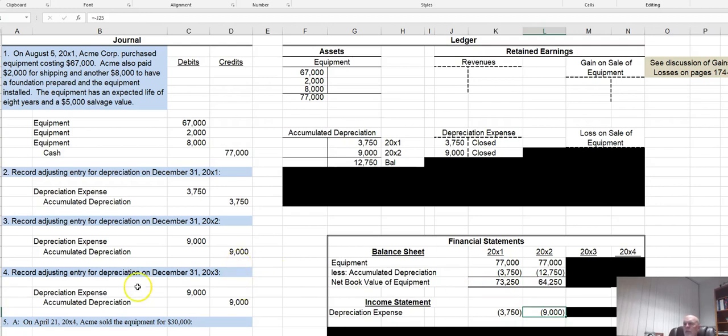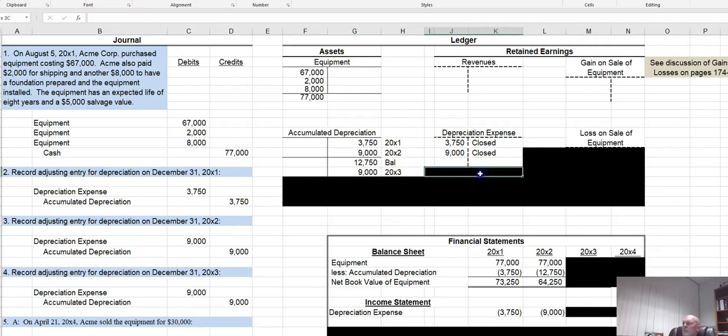At the end of the third year, we would depreciate it another $9,000. So let me do that here. So we would depreciate the expense another $9,000, and the accumulated depreciation would now be $21,750.